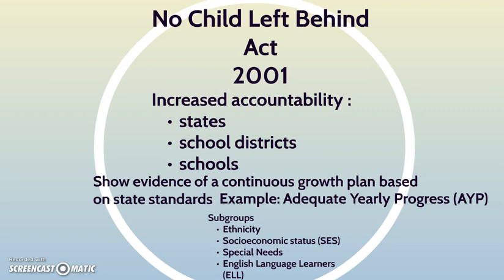And an example of this growth plan is the Adequate Yearly Progress, or AYP, and you'll hear a lot of that in your schools in the U.S. And so the AYP looks across all the subgroups, making sure that there is a growth in student understanding and students' test scores from the ethnicity, the socioeconomic status, students with special needs, and the English language learners.